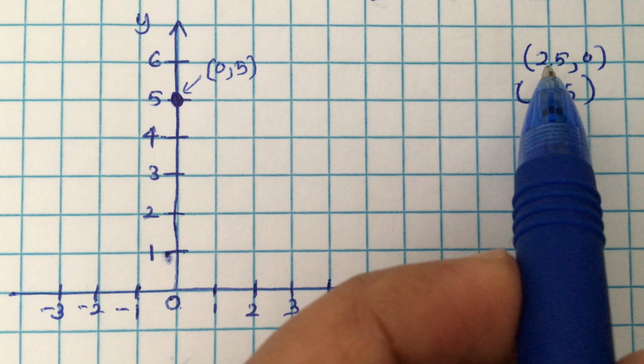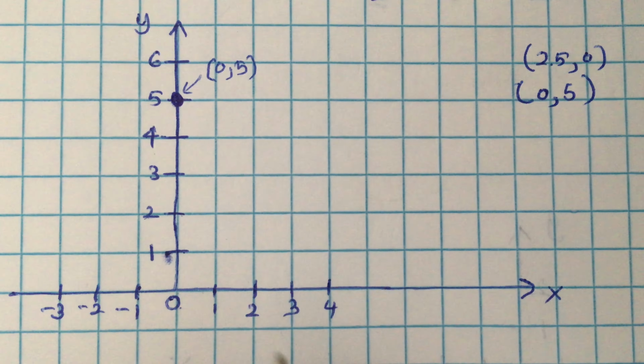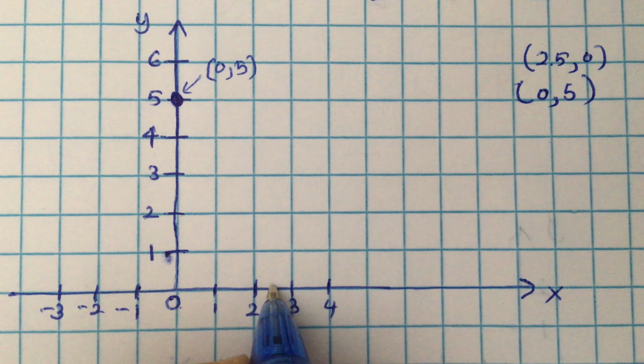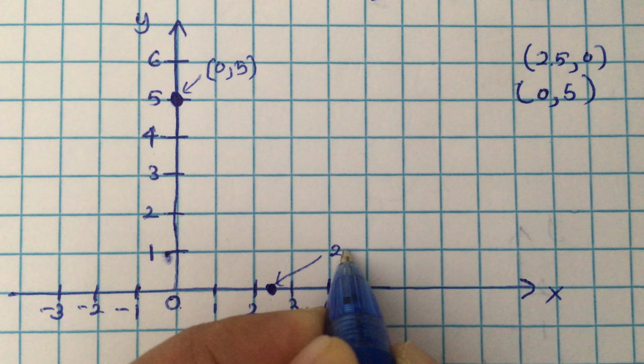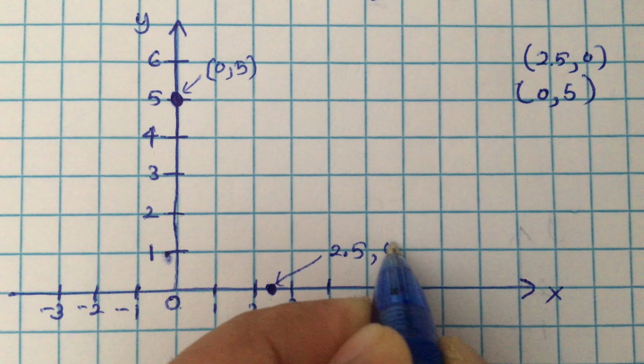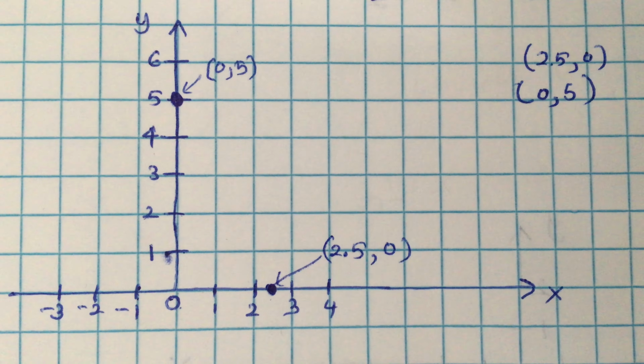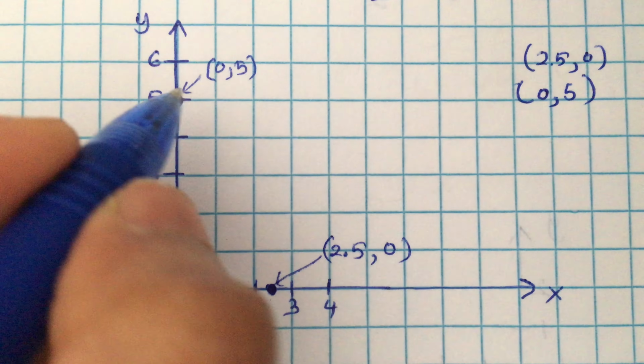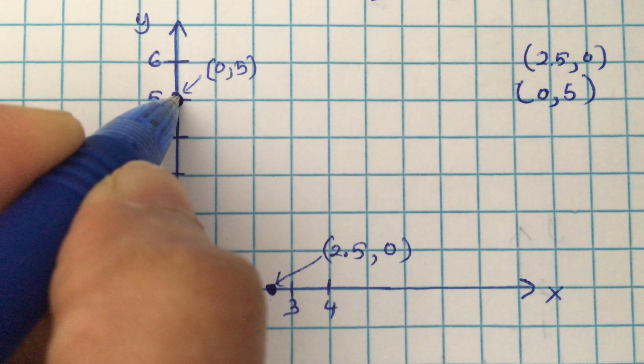And this coordinate 2.5 comma 0, x is 2.5, it's over here in the middle, and y equals 0. Now we draw the two coordinates, and we can connect these dots.